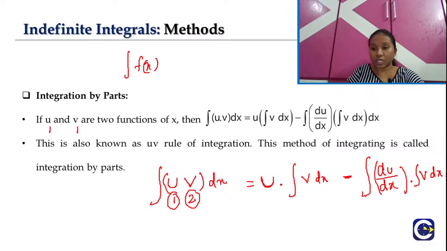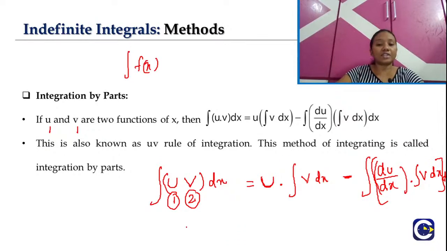Again, one integration is there, so this whole has to be integrated with dx, right? Instead of taking u into integration of v, it is typically difficult to remember our UV rule of integration.